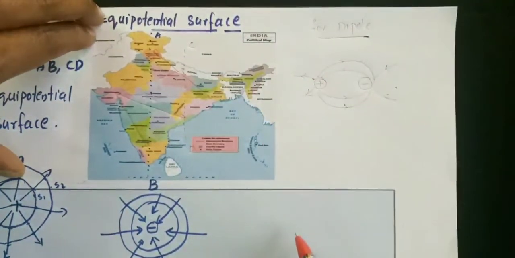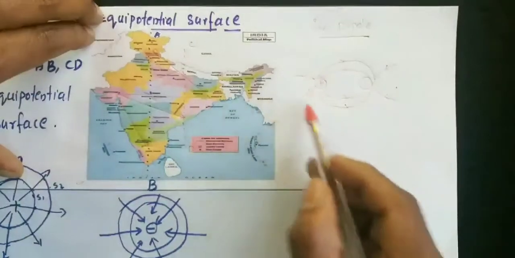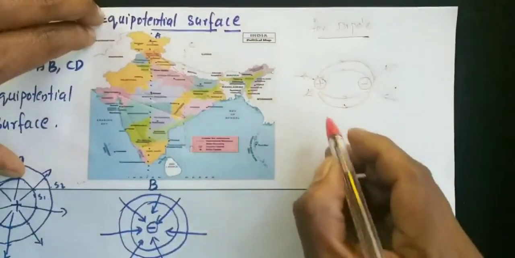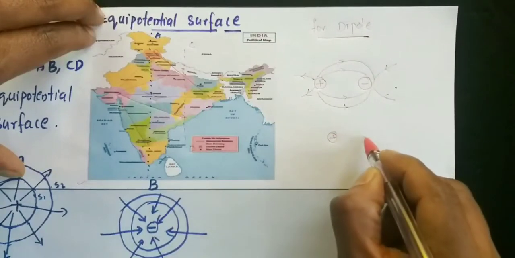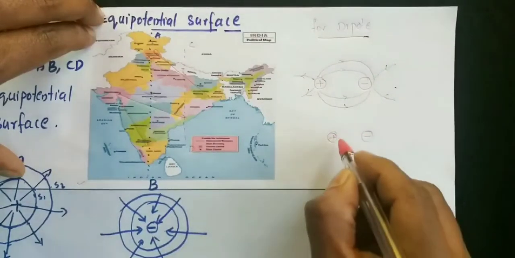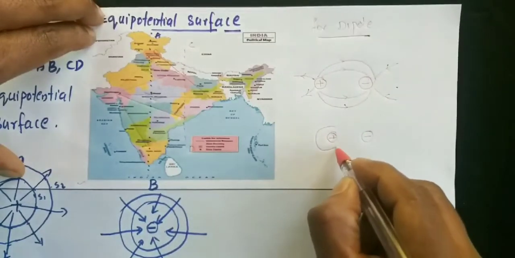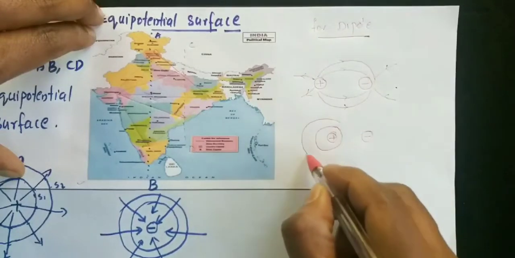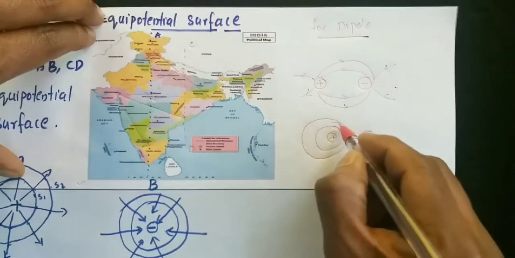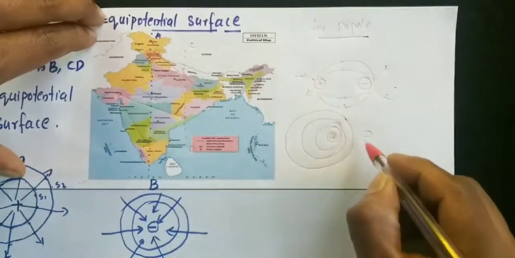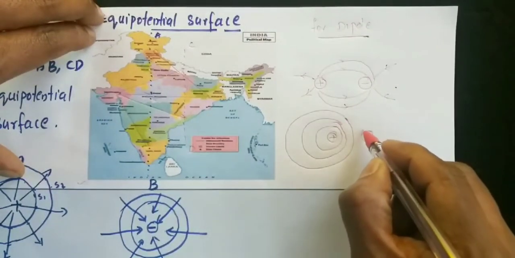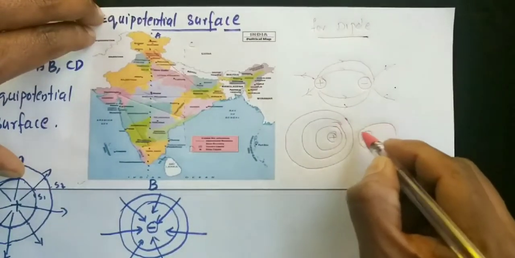Okay, so I will try to draw the equipotential surface, and you should be very careful, because in some board question papers you can see this kind of question to draw equipotential surfaces for a dipole. So as you know, for a positive charge equipotential surfaces will be concentric spheres, and for a negative charge also concentric spheres.